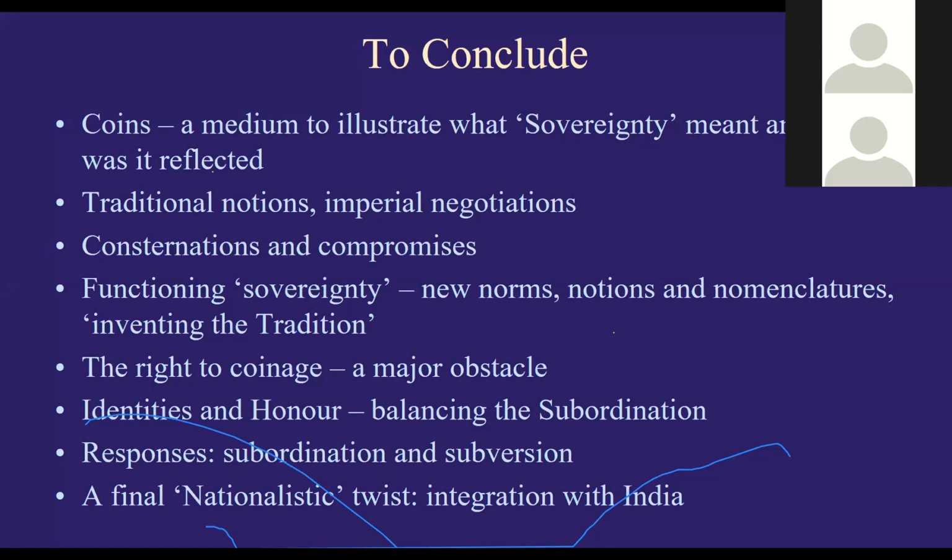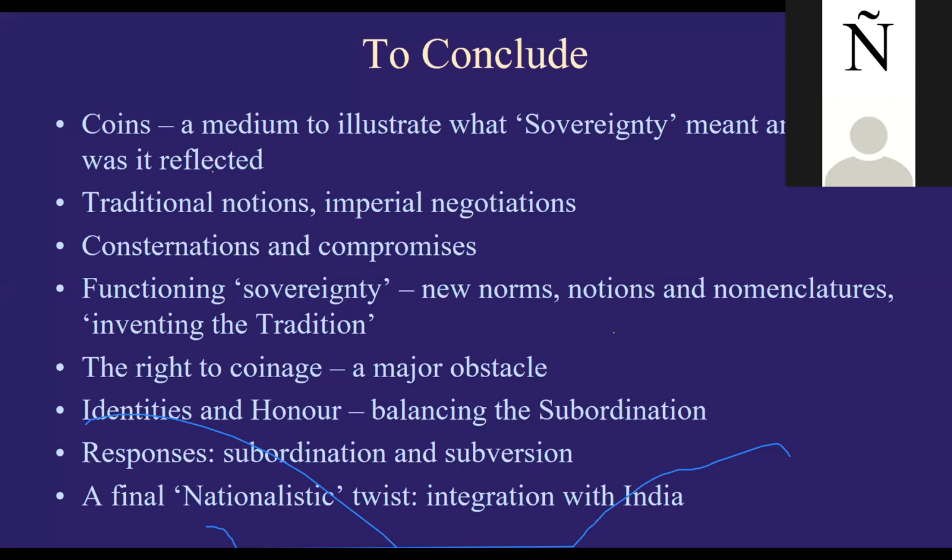In balancing the subordination, in one way we say that we are subordinate, however, we also have these kinds of unique identities and traditions. The concept of honor or izzat is very important, and this acted as a balance between subordination on one hand and the expression of sovereignty on the other hand.